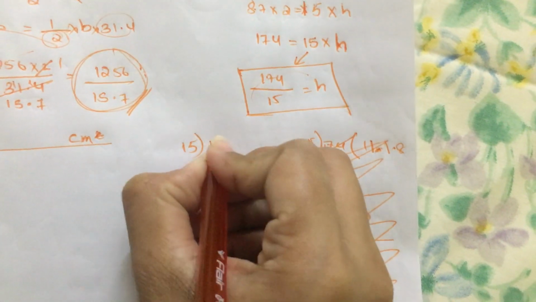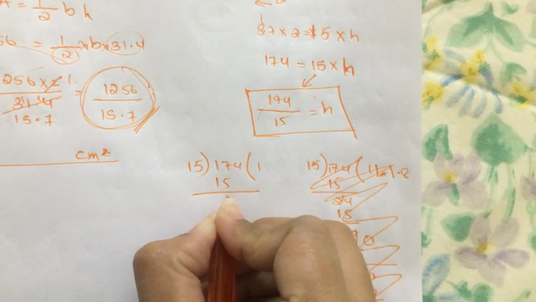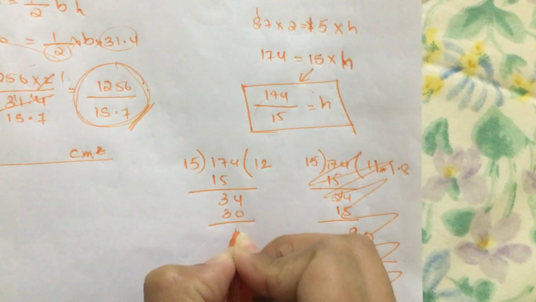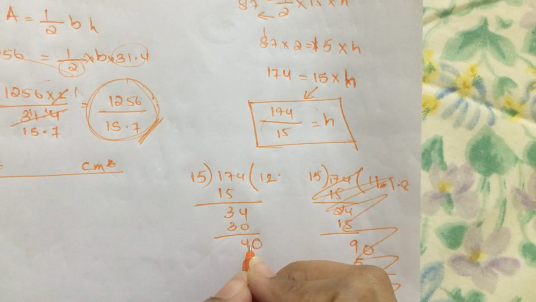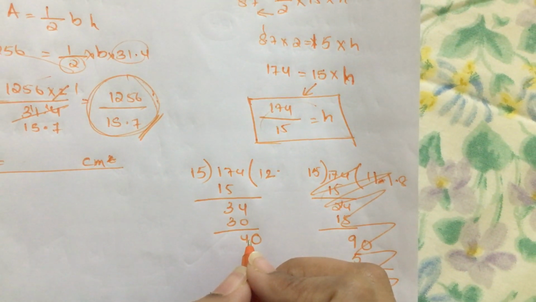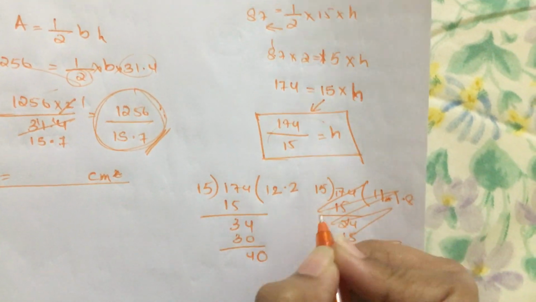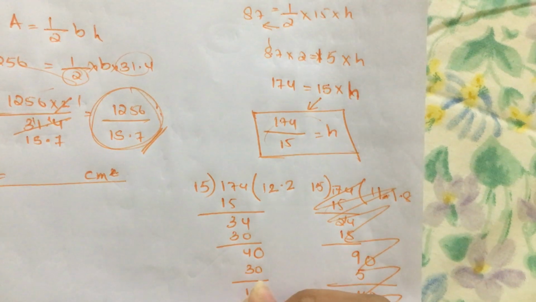15 divided by 174. 15 ones are 15. Then 2 and 4 I'm left with. 15 twos are 30. Then 4. I'll put a decimal. 15 twos are 30 again.